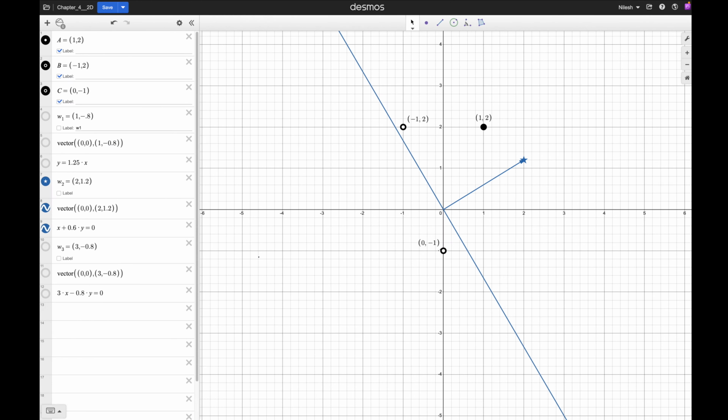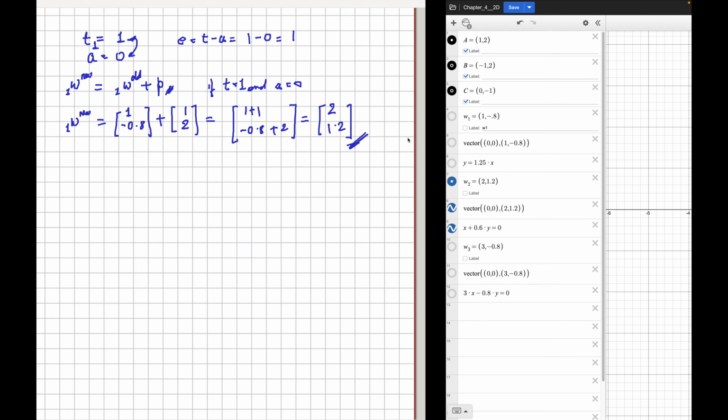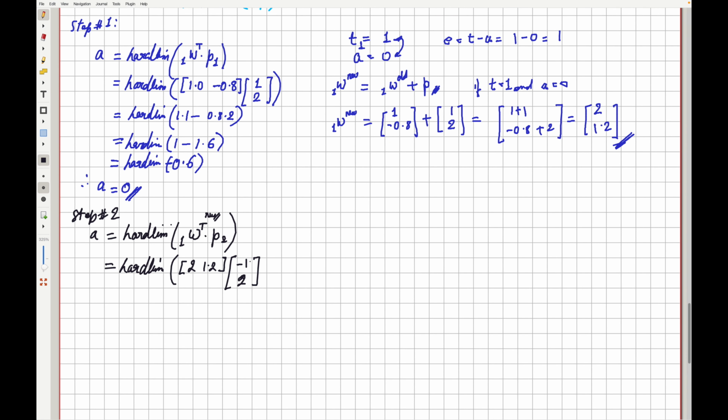Why are we using that point? As you can see, that is the misclassified point there, and so we use that point, and again we perform the dot product.